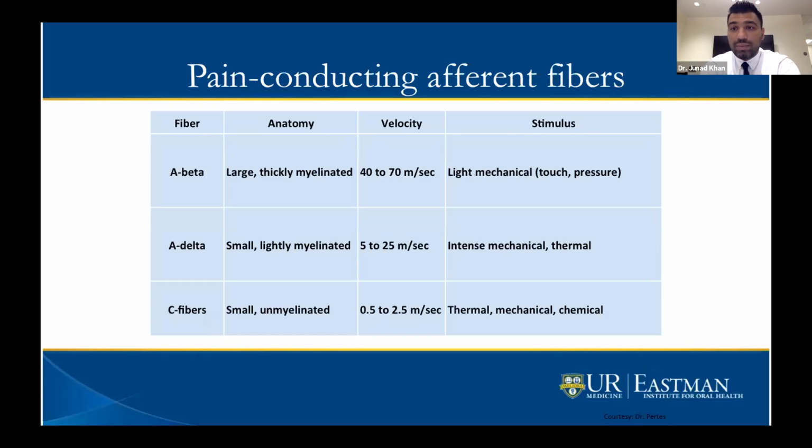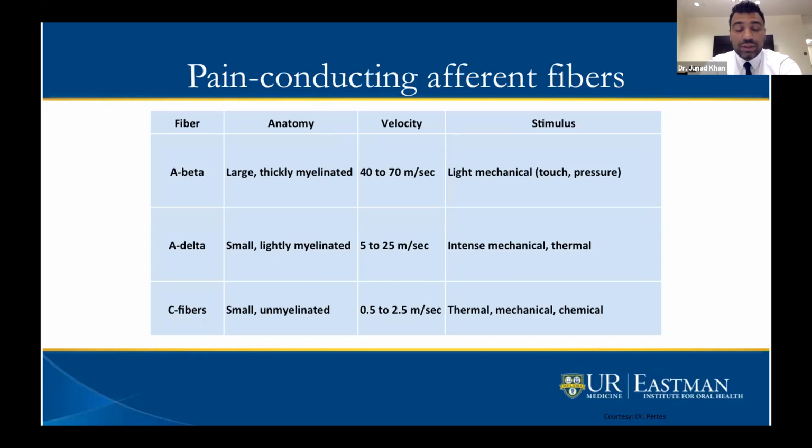We're stimulating A beta fibers. This information travels very fast. Usually these fibers are not pain transmitting fibers, but under some conditions, for example, if there's nerve damage and there are phenotypical changes, these fibers can start transmitting pain information, which they're not designed to.